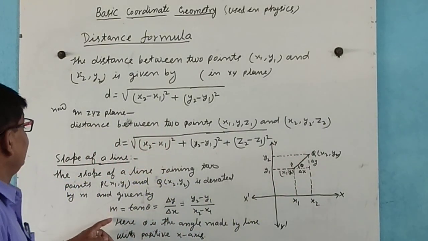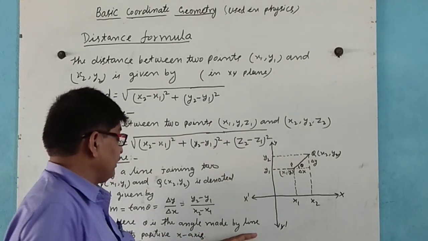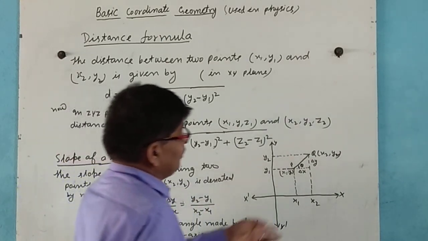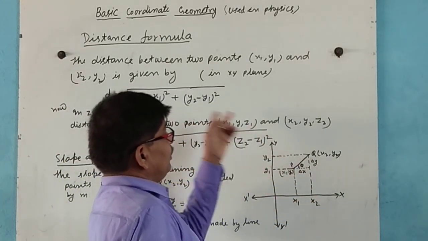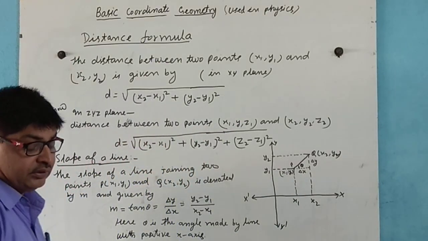This is the slope of the line. Here theta is the angle made by the line with the positive direction of x. This is the positive direction and this is the negative direction.